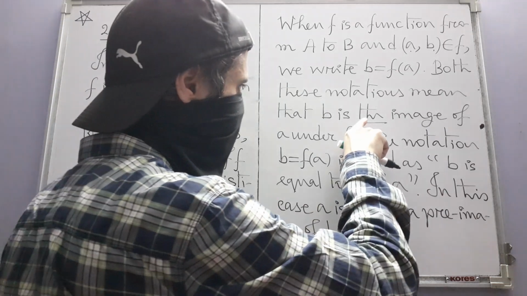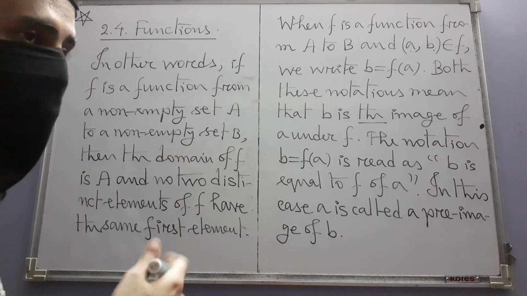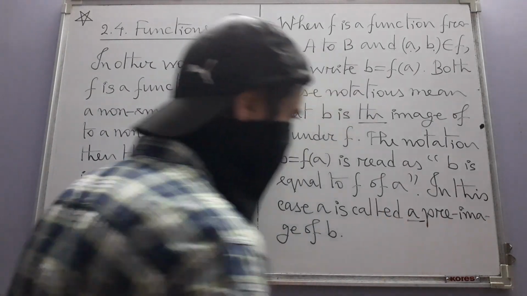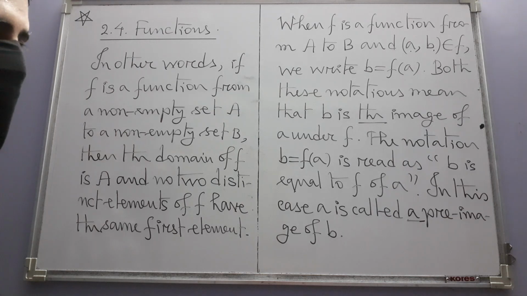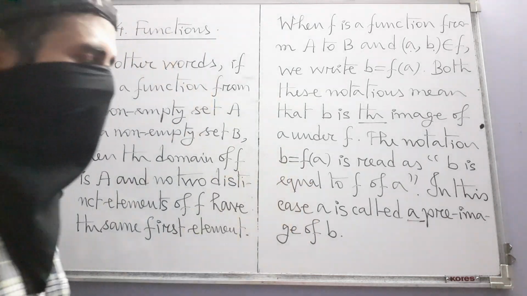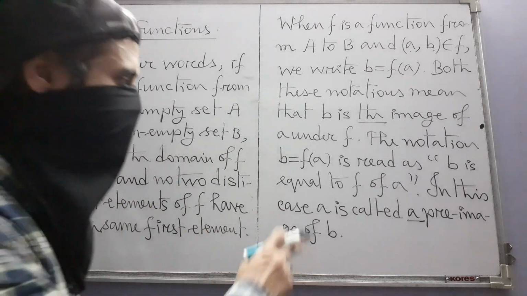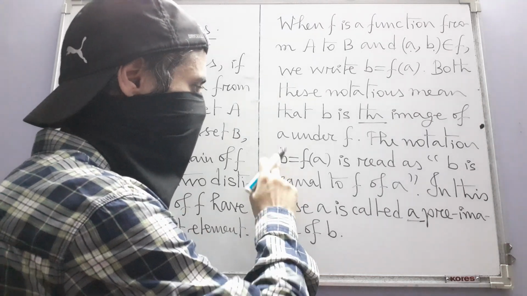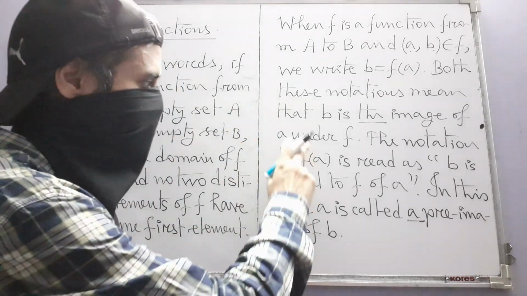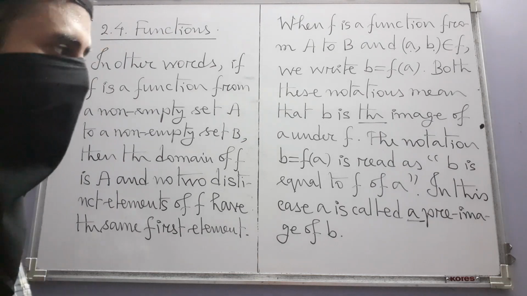Note that we have B here, the image of A, but a pre-image of B. This indicates that maybe a single soldier B on the team which is being attacked, maybe he is being attacked by multiple soldiers from the attacking team. That is allowed.